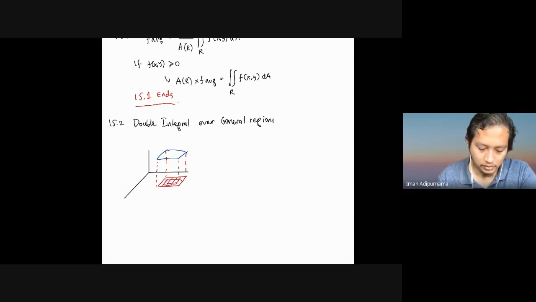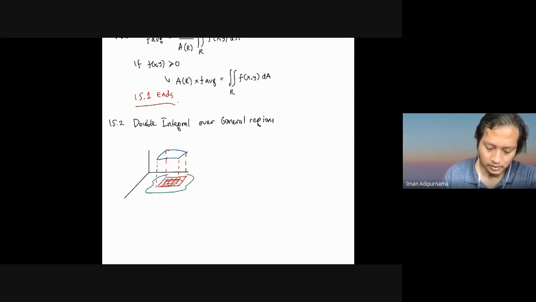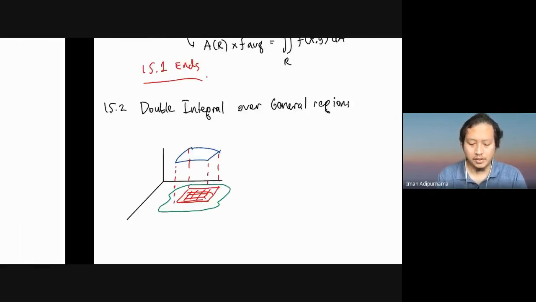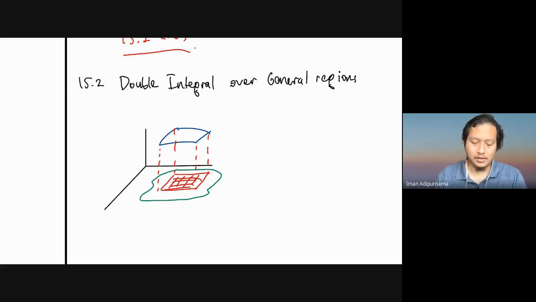Okay. What we are doing now, we have some region that is larger than the projections, and it's not a rectangle. But actually, if you see the graph, this is the same thing as we have done before, right?